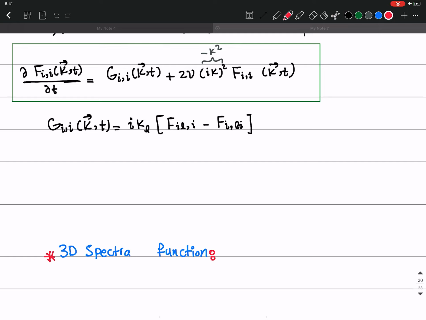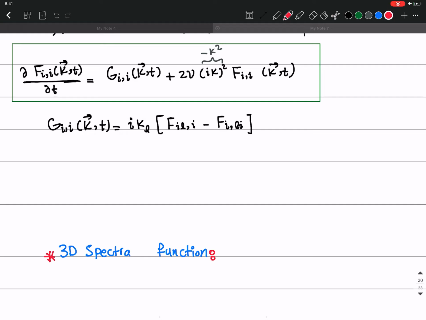So instead of looking at this k vector, which has three components, we are going to convert it into only one component.